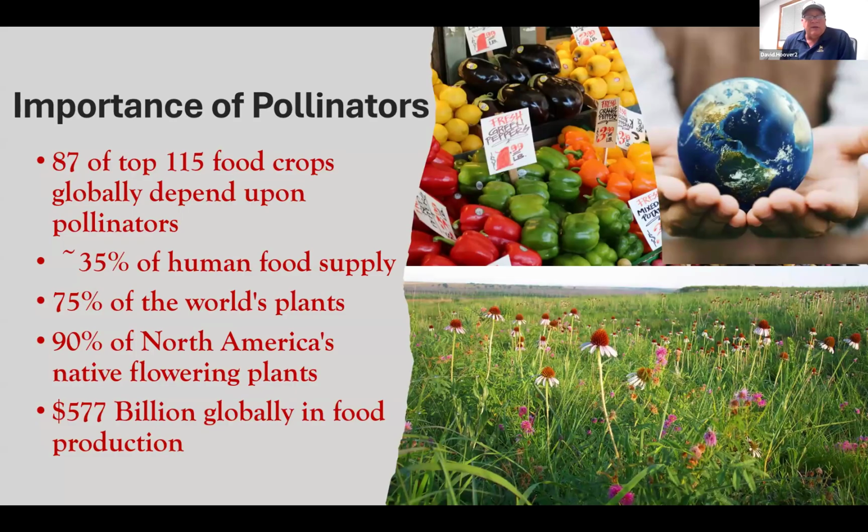Talk about how they're important to us. 87 of the top 115 of our food crops globally depend upon pollinators, and that's about 35% of the human food supply.